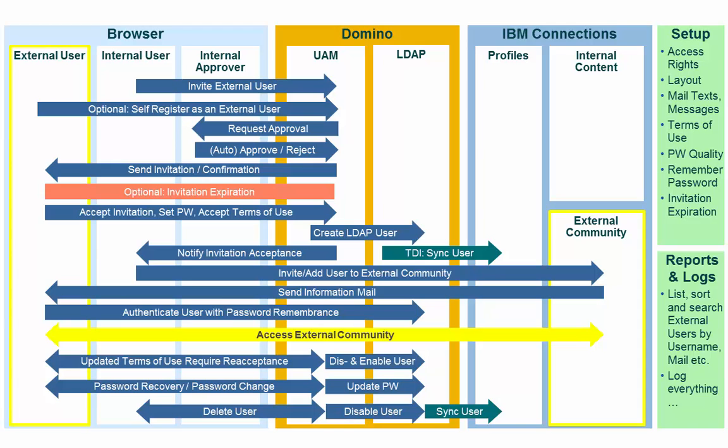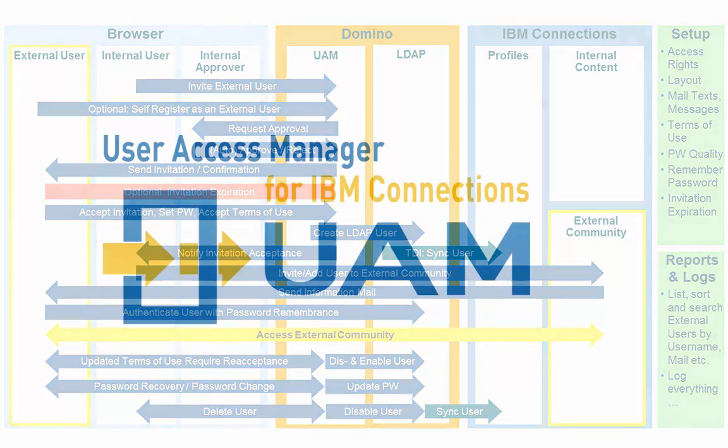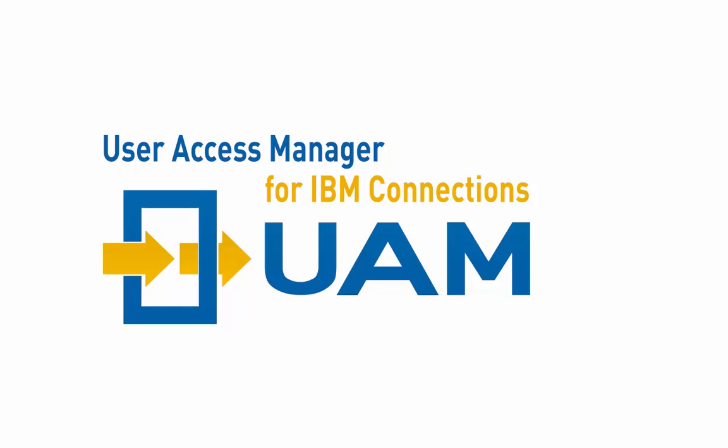You can list, sort, and search external users by username, mail, etc. Everything is being logged so that you have full evidence of all the activities around your external users. UAM is also available in a downgraded edition with limited features for terms of use acceptance by internal users.